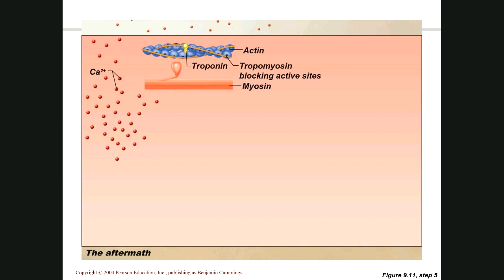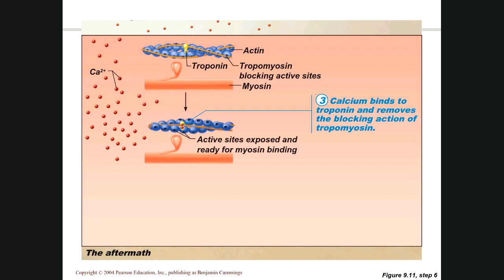Okay, so now you have calcium flooding the inside of the cell. Remember that troponin is the protein in thin filament that binds to calcium. So calcium binds to troponin, and now troponin moves out of the way. So here troponin has moved out of the way and has released the binding sites of actin. Okay.